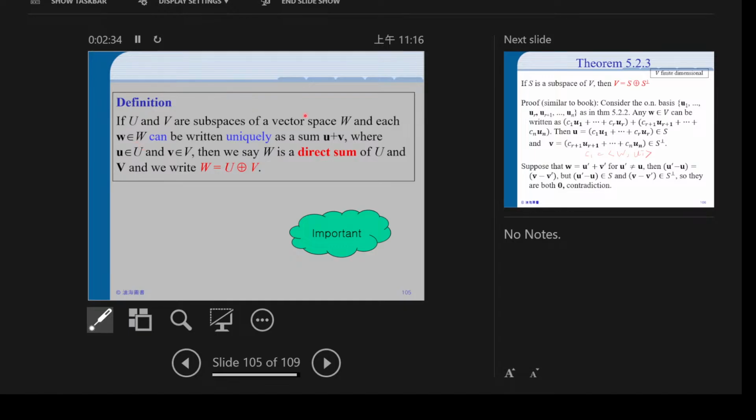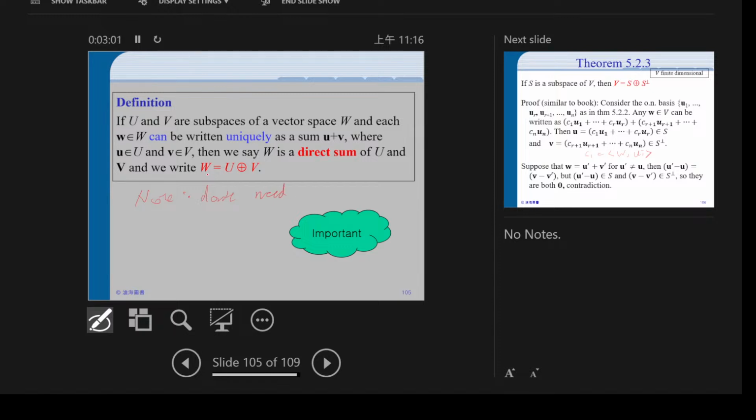So you have a U and a V, and direct sum means that the direct sum actually doesn't need the inner product. Let's take a note here: although the section is about inner product, this direct sum definition doesn't need inner product.